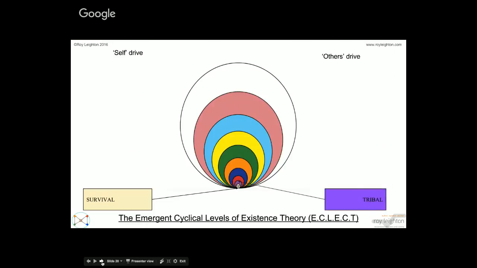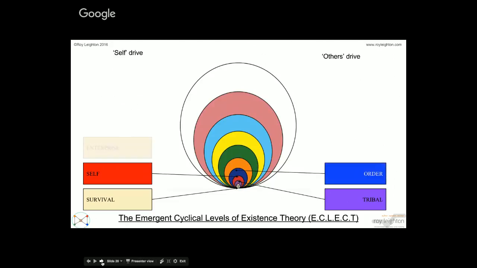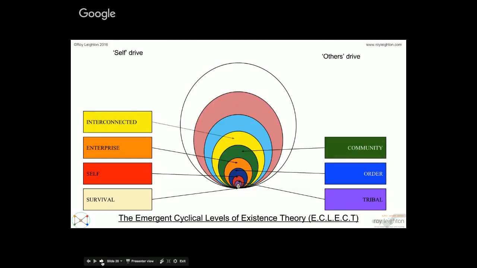So we move from a survival state in newborn babies, tribal, self as infants. And as we get older, our world view shifts into order, and then enterprise when we hit puberty, and then we move into community and interconnected or complexity and interdependent.